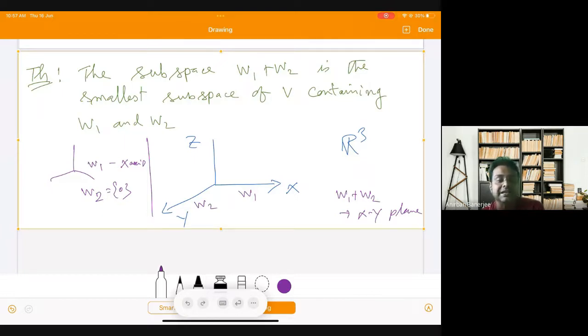It could be the xy plane, it could be the xz plane, or any other plane which passes through the x-axis. And also the x-axis itself is a subspace of R3 which contains both W1 and W2. You cannot reduce more. So this is the smallest subspace, which is the x-axis.